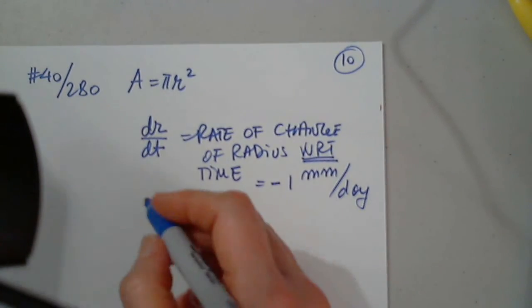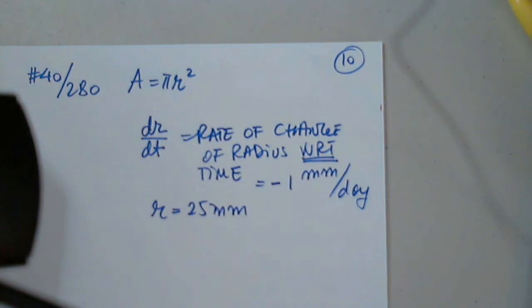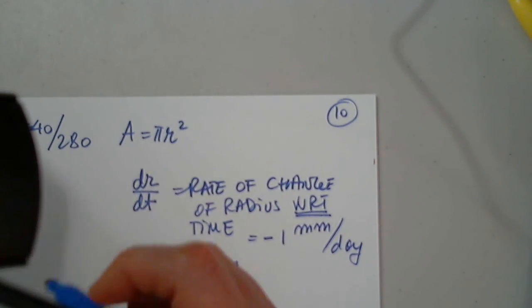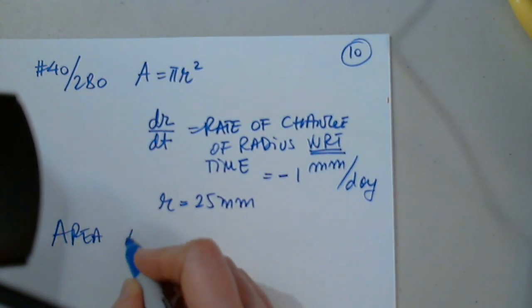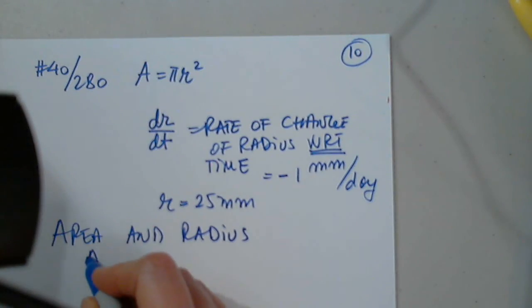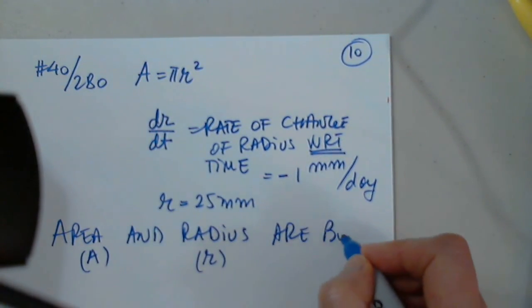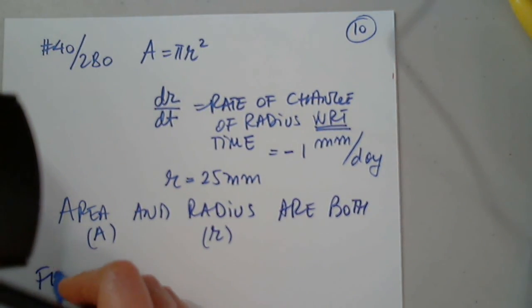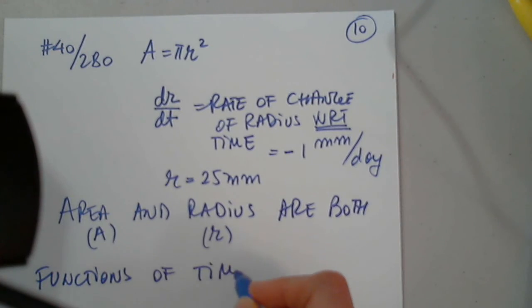At the moment when the radius is 25 millimeters, how fast is the area decreasing at that moment? So A and r, area and the radius, are both functions of time.